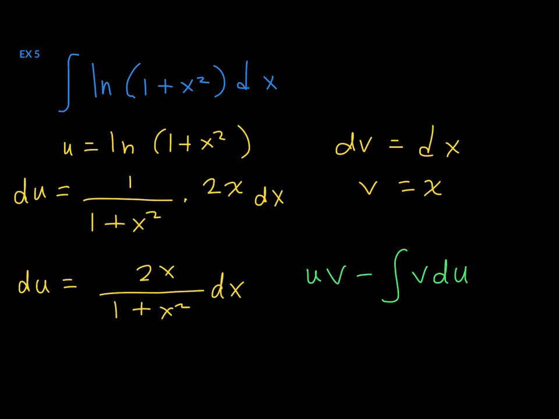Okay, so u times v in this case would be x times the natural log of 1 plus x squared, minus the integral of v du, which would be x times du, there it is, 2x over 1 plus x squared, and then dx.